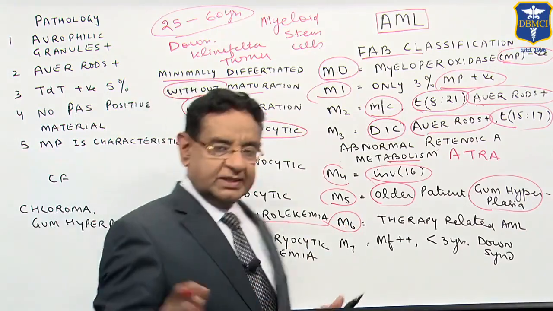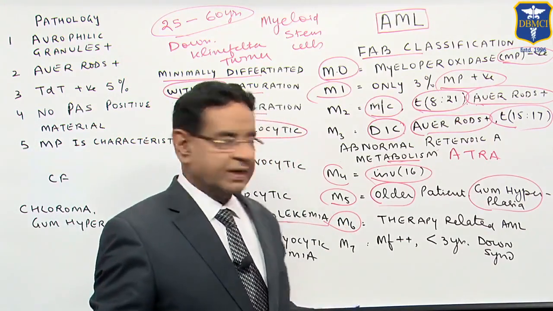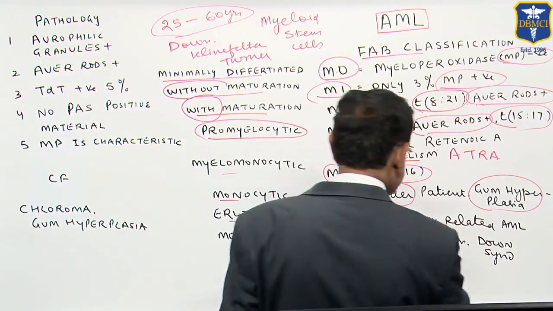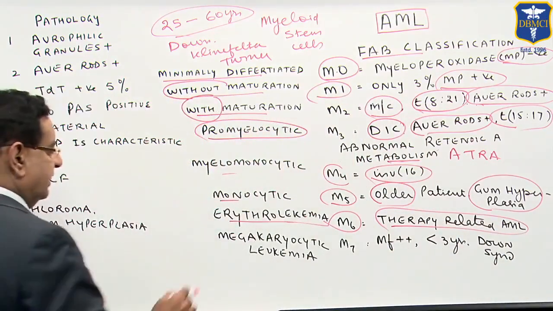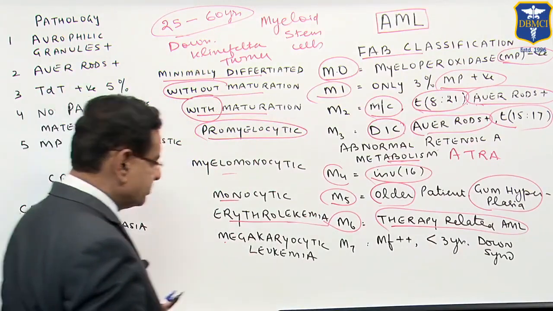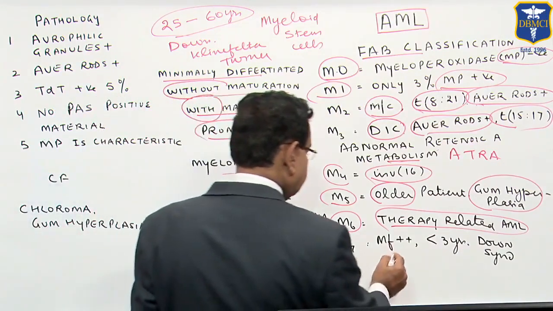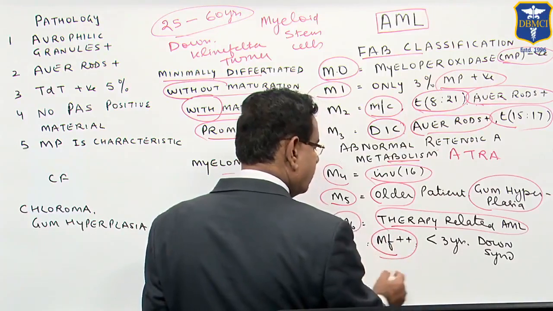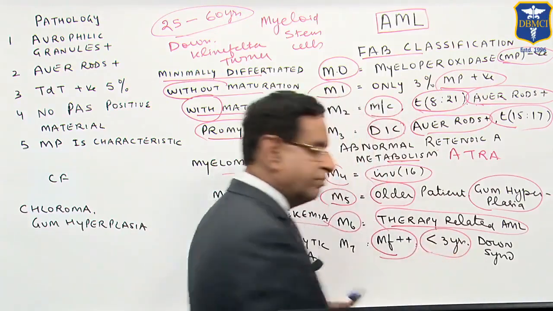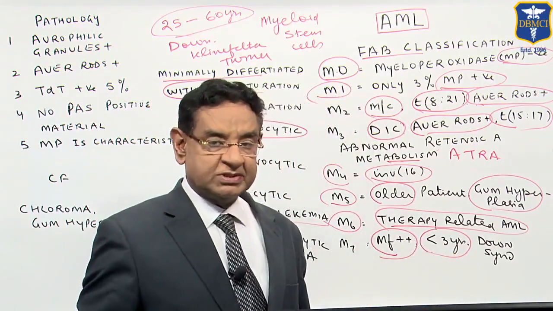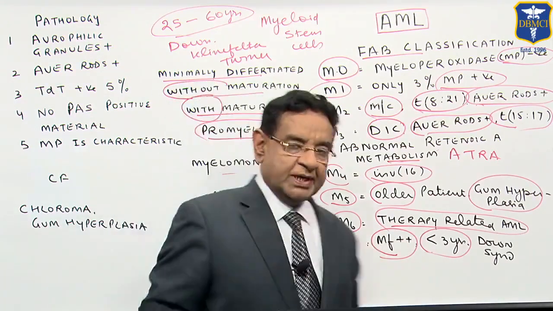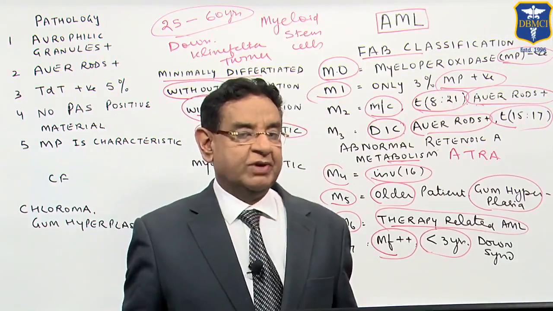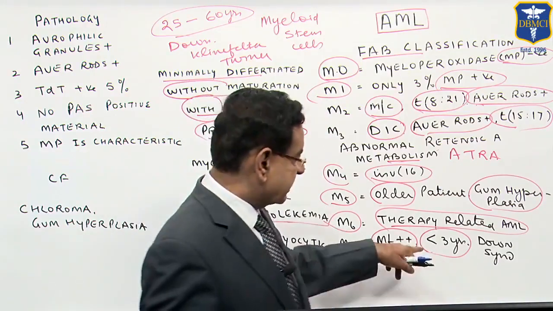It's classically most common in therapy-related acute myeloid leukemia, and M7 is megakaryocytic leukemia. In M7, myelofibrosis is very common, more commonly seen below 3 years in Down syndrome. Remember, something unusual, because the common age of AML is between 25 to 60 years, but this can occur in children also.